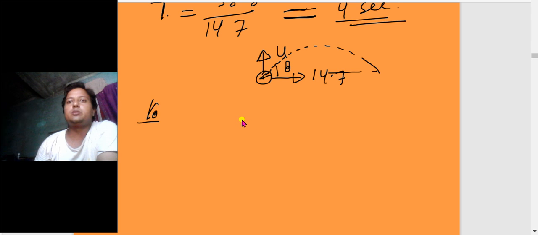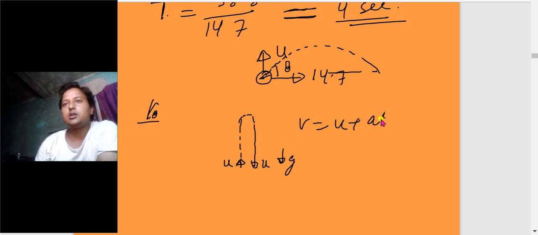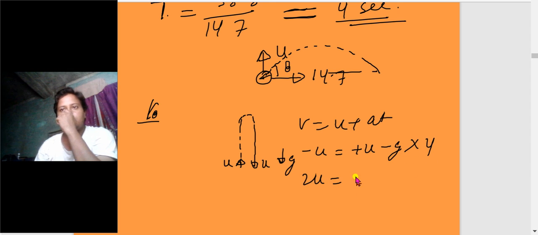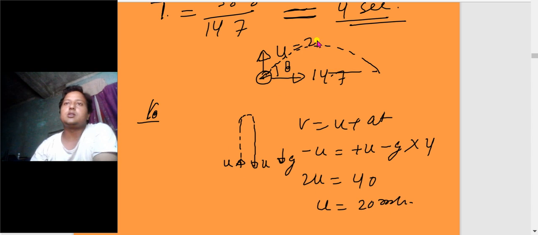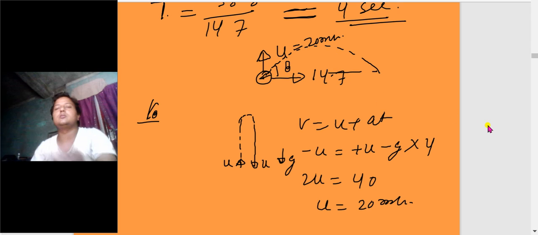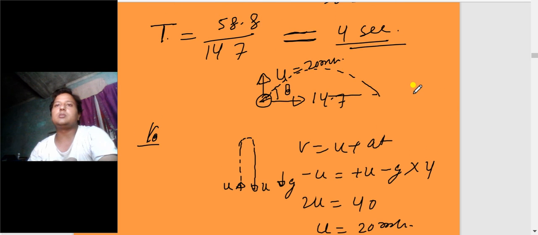From the previous one, initial velocity is u, final velocity is minus u, acceleration is g. So v equals u plus at can be applied: minus u equals u minus g times 4 seconds. So 2u equals 40, u equals 20 meter per second.